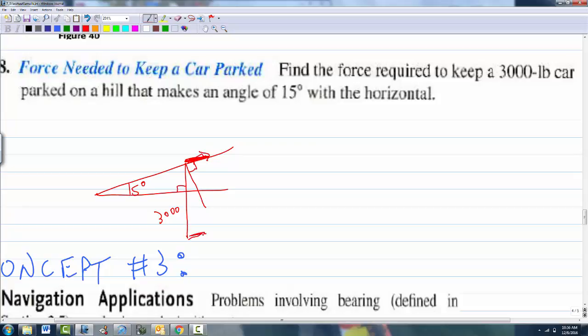It has to be parallel to this down here. So you flash that across here. Here's the force that I need. Alternate interior angles makes it a right angle. And then like I just said, 15 degrees there, that's 15 degrees there. So it's sine 15 equals F over 3,000. Should not be a problem. There should be no issues with it. All right? No questions. Keep that hand down.